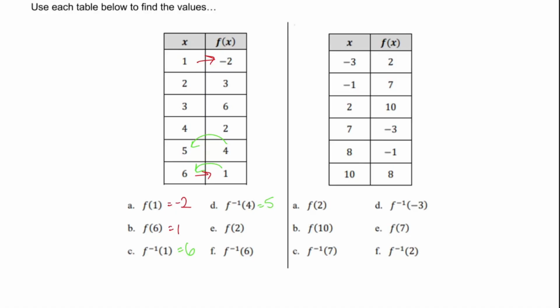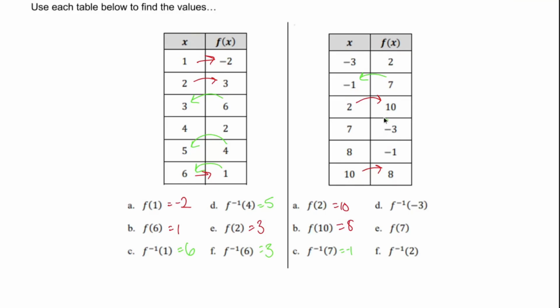F of regular 2 is the normal order. So 2 goes to 3. F inverse of 6 means we start out with 6 and go to 3. Same thing's going to happen here. F of 2, go normal. F of 10, go normal. F inverse of 7, go in reverse, which is -1.